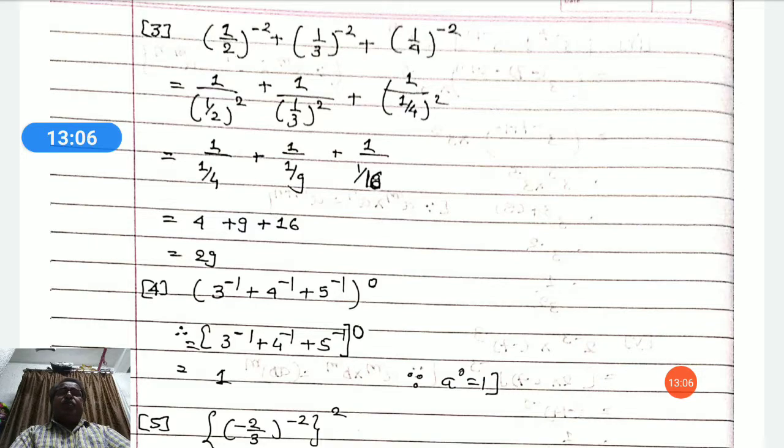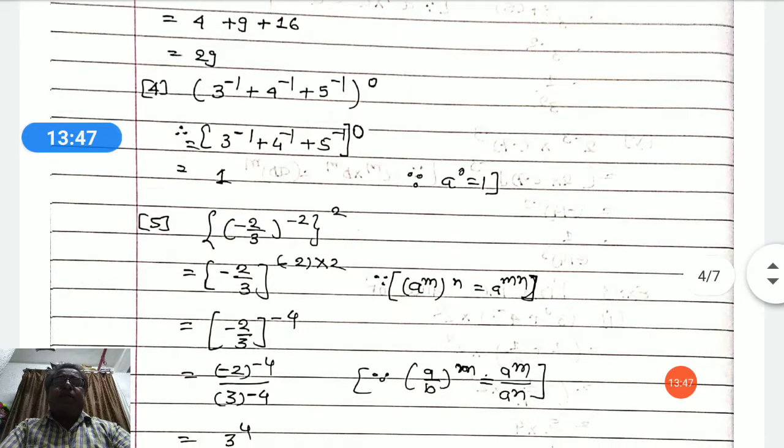Now डिनोमिनेटर में जाएगा, एक्सपोनेंट प्लस हो जाएगा, is equal to 1 divided by 1 by 2 raised to 2 plus 1 divided by 1 by 3 raised to 2 plus 1 divided by 1 by 4 raised to 2, is equal to 1 divided by 1 by 4 plus 1 divided by 1 by 9 plus 1 divided by 1 by 16. We divide का divide multiply होगा, इसलिए 4 plus 9 plus 16 is equal to 29.